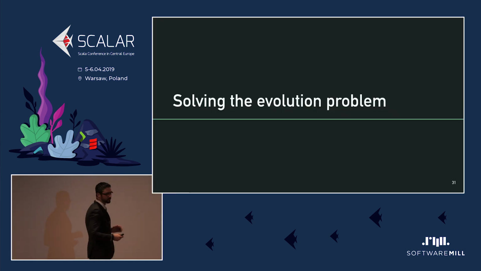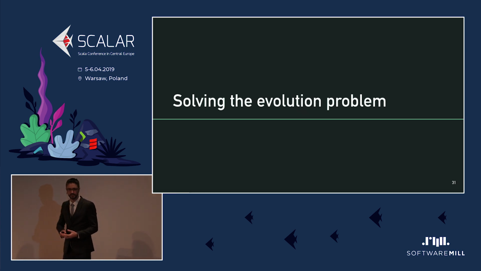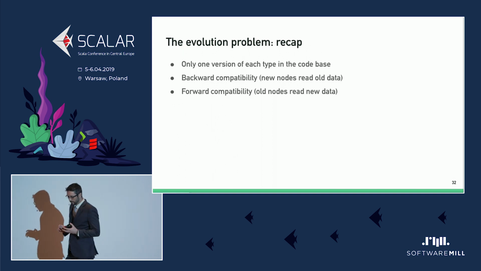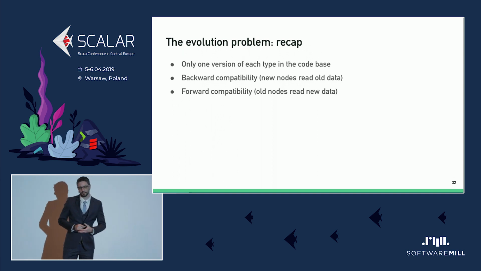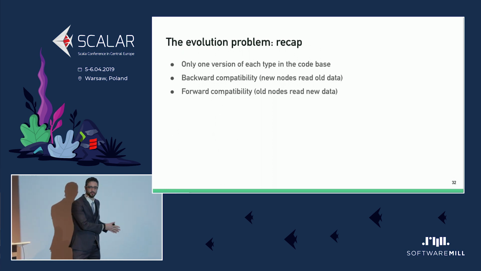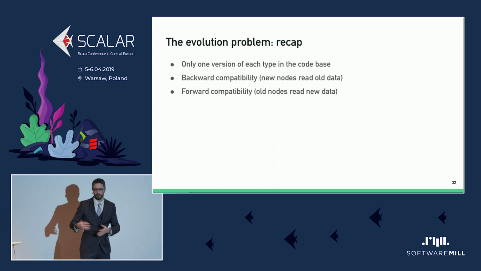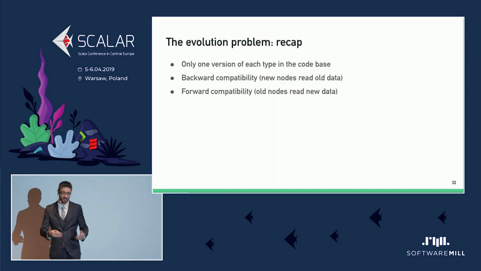OK, so that was a big parenthesis, talking about schema and introducing the concept. But what we want to solve today is this evolution problem. So let's recap the evolution problem. We've understood the problem, but what we don't want is to carry along all the old versions of our ADT to just be able to read old data or data from the future.